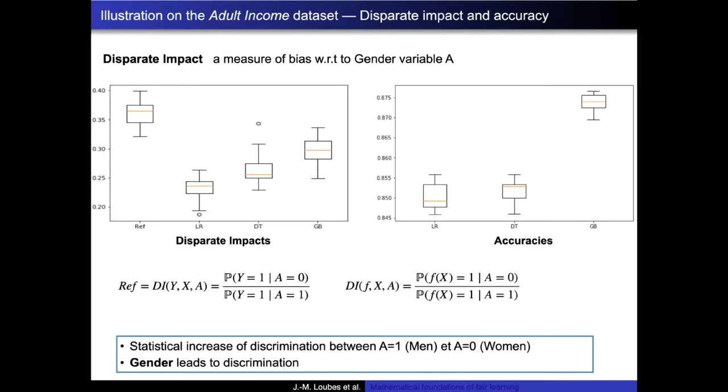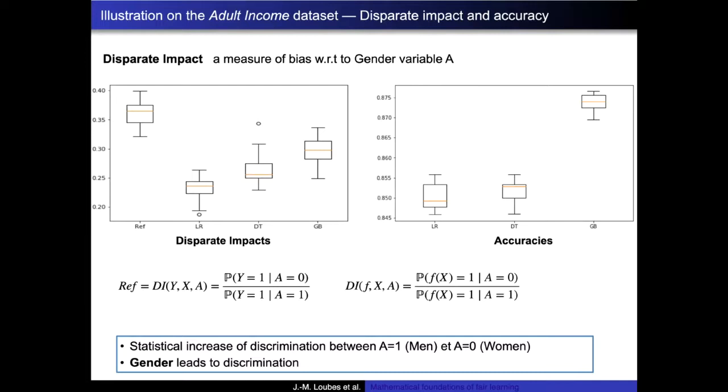And I can look at the proportion of females with high salary divided by the proportion of males with high salary. If the variable was not playing any role, this ratio should be equal to 1. If the disparate impact is small, then it means that the probability for males of having a high salary is a lot greater than for females.